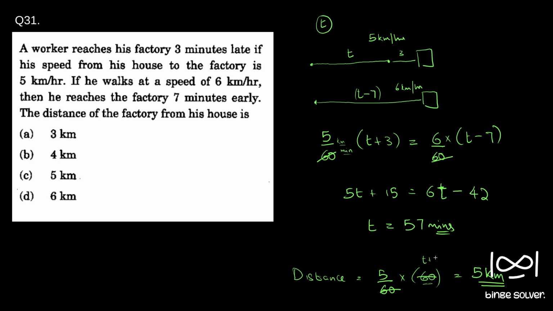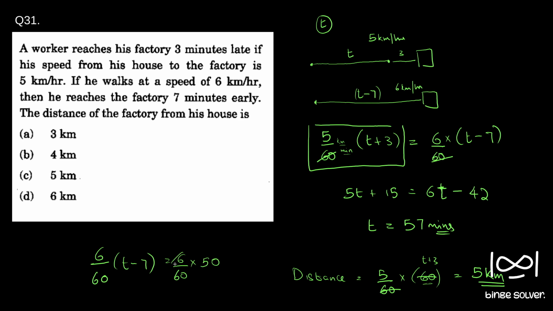So here we got 60 as t plus 3. We used this equation, but we could have used 6 by 60 into t minus 7 also. We'll get the same answer. 57 minus 7 is 50.